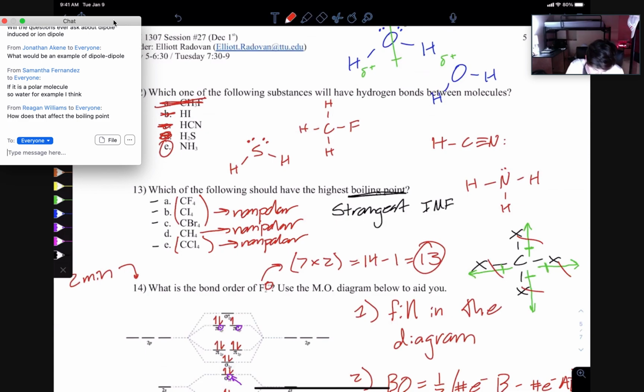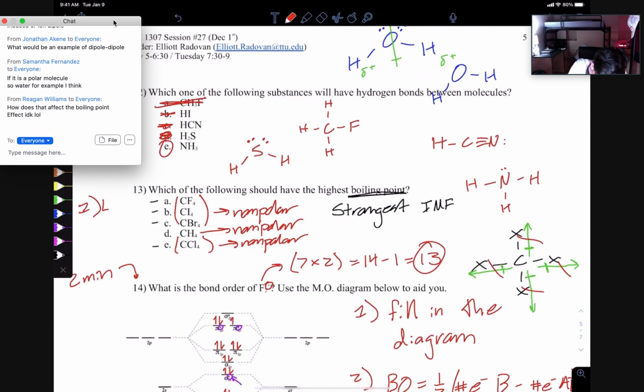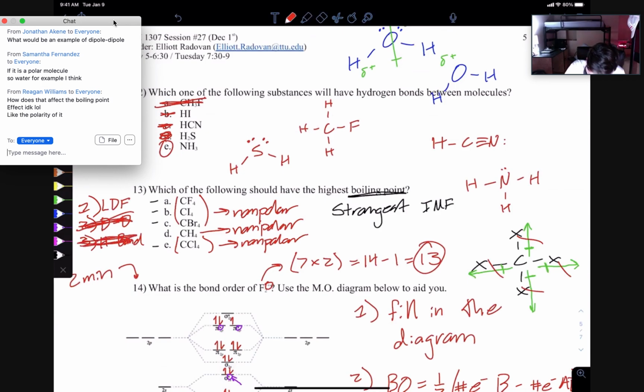Okay, so in terms of London dispersion, in terms of dipole-dipole, and in terms of hydrogen bonding, dipole-dipole is out of the question. Hydrogen bonding is also out of the question. So the only form of intermolecular forces here is London dispersion forces.